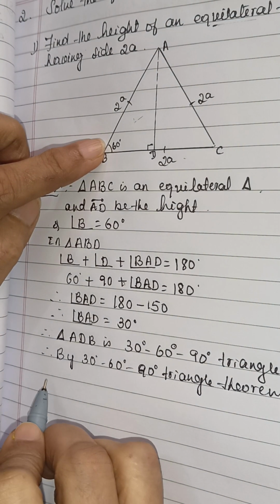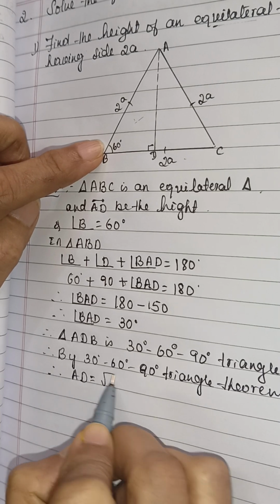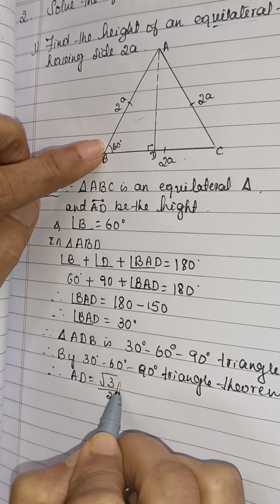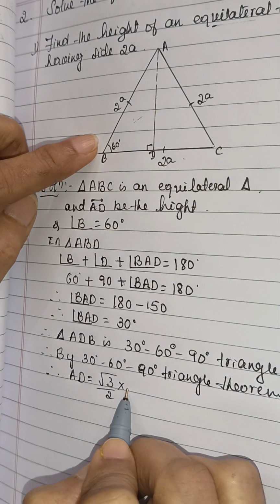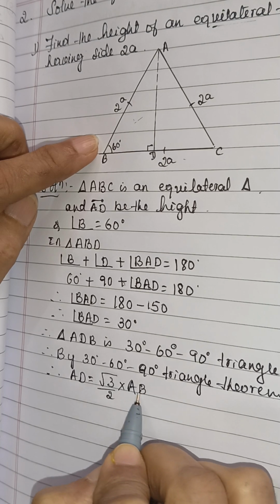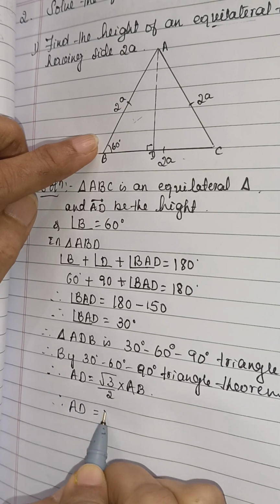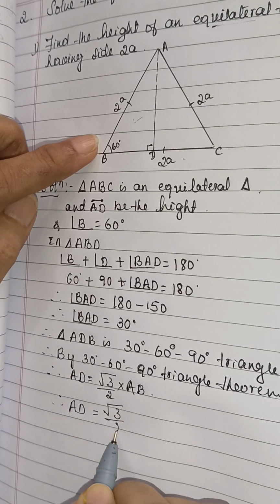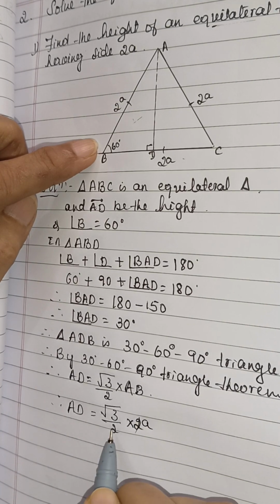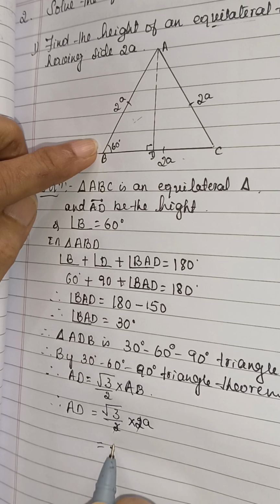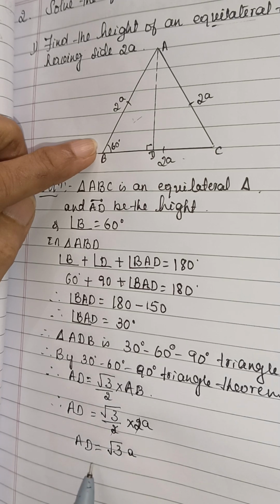Therefore AD is root 3 by 2 of its hypotenuse, and the hypotenuse here is AB. So AD is root 3 by 2 into AB, which is 2A. The 2 gets cancelled, so AD is root 3A.